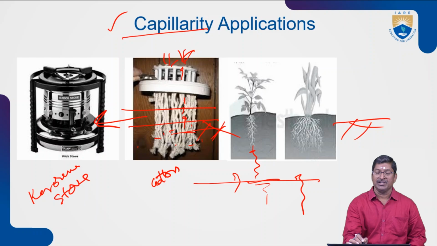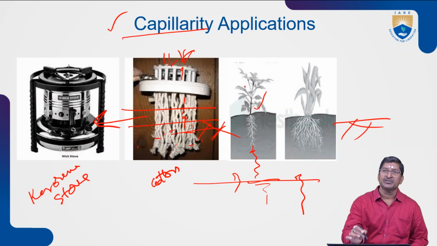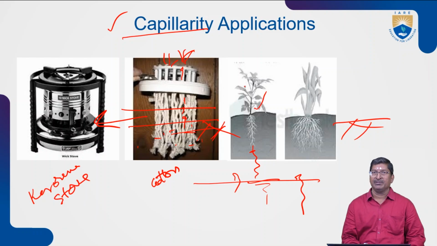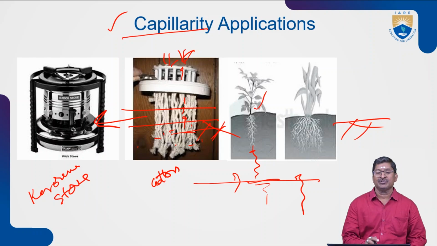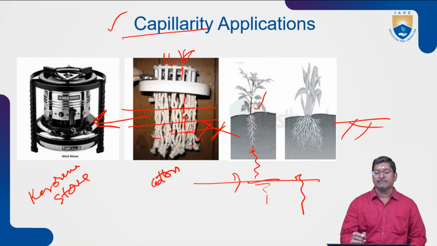Because of this capillarity, the plants will survive. If there is no capillarity here, then the plants will not get the water, and they can die. So these are the practical applications of capillarity. One is kerosene stove flaming, another is getting water for the plants through capillarity action.